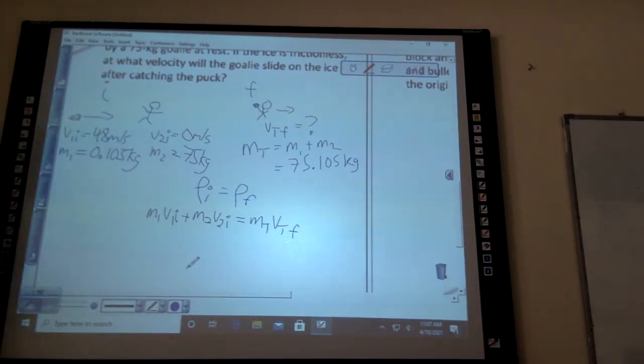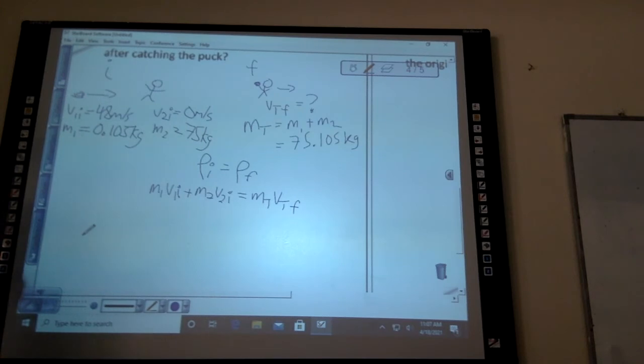So again, this is not going to be on your formula sheet, because you don't need it. How do you know that I'm going to have mass total, V total final? If they stick together. So based on the question, you'll be able to figure this out.